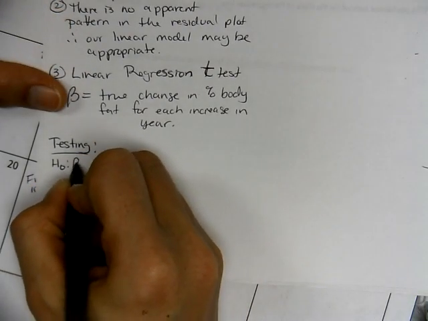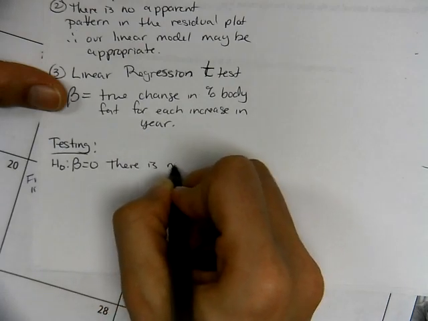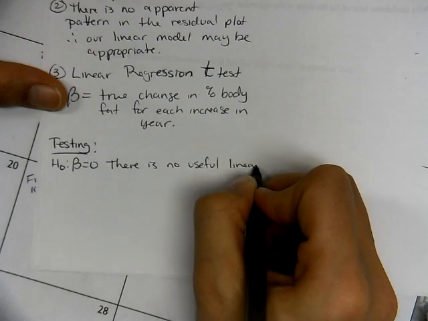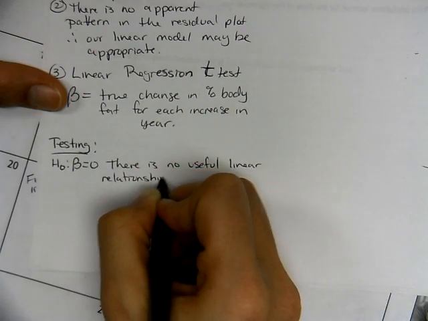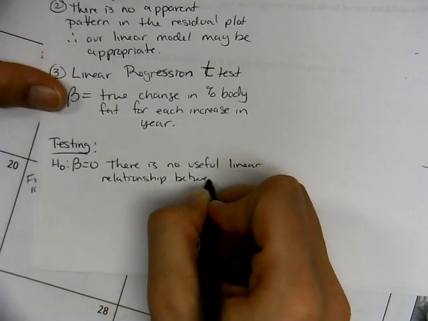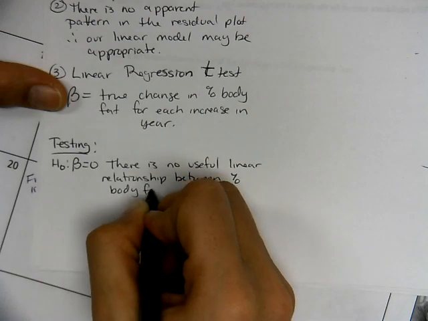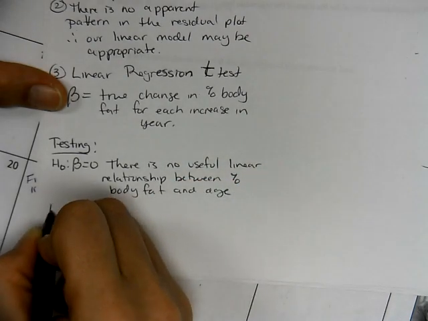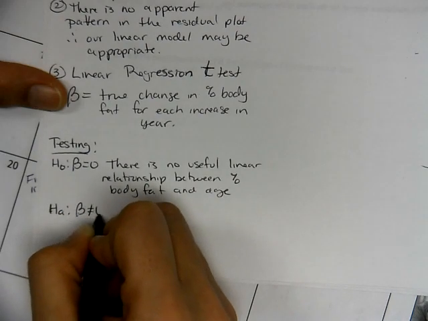So our null hypothesis is that beta is 0. There is no useful linear relationship between percent body fat and age. Our alternate is that it's not 0.